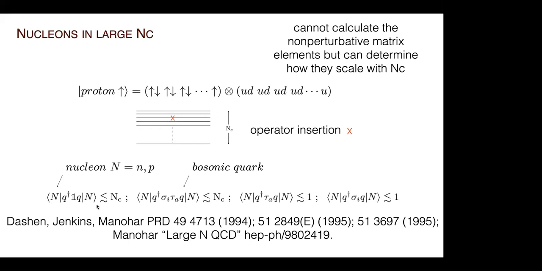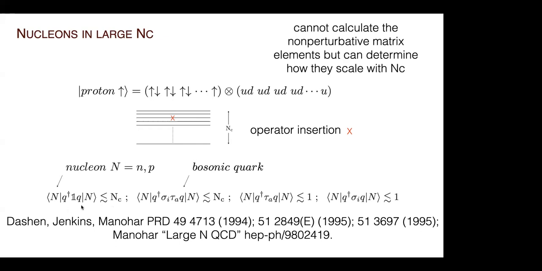But if you want to take a matrix element, then you'll need to drop this operator in everywhere, on all of the quark lines of this nucleon. And just from the component of the wave function, you can see that for the number operator, every time I drop this in, each and every one of these quarks in the nucleon is going to add coherently. So not surprisingly, it's going to scale as the total number of quarks, which is to say the total number of colors.